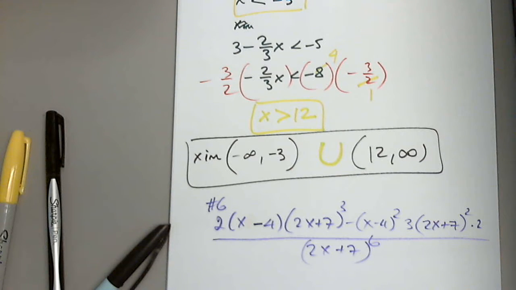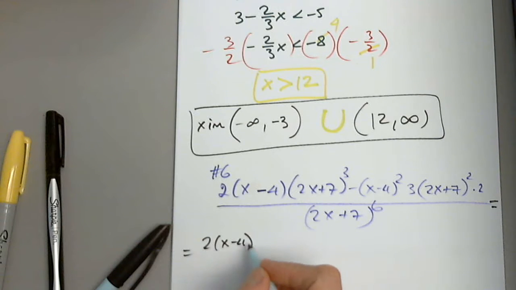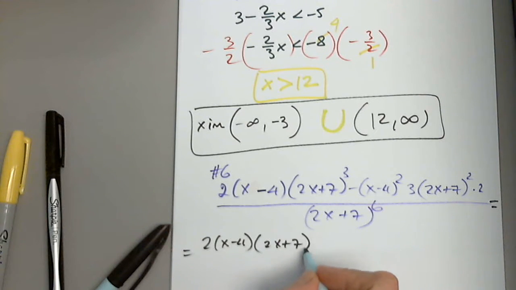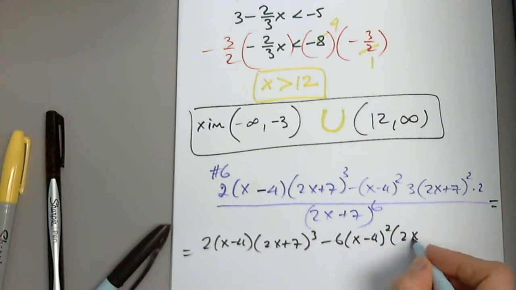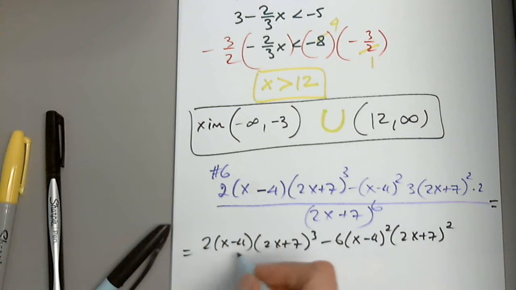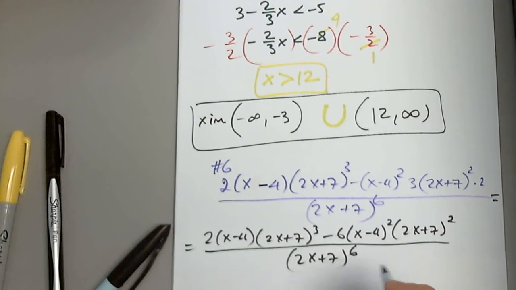I get what? And I'm going to put it in front. Very good. Awesome. 2x minus 4, 2x plus 7 cubed, minus 6, x minus 4 squared, 2x plus 7 squared. Very good. 2x plus 7 to the 6th.